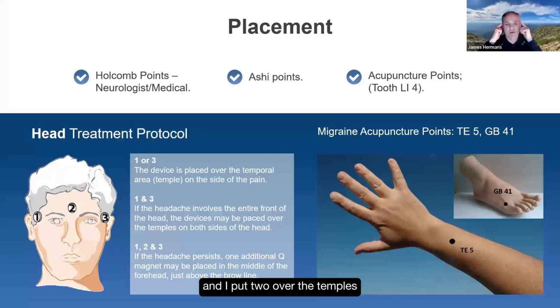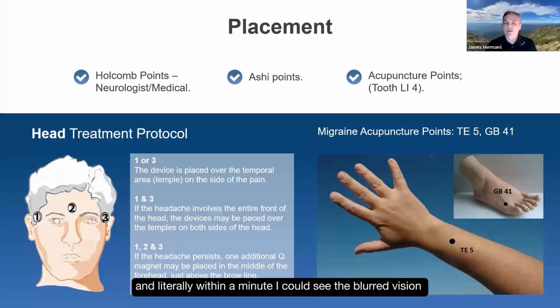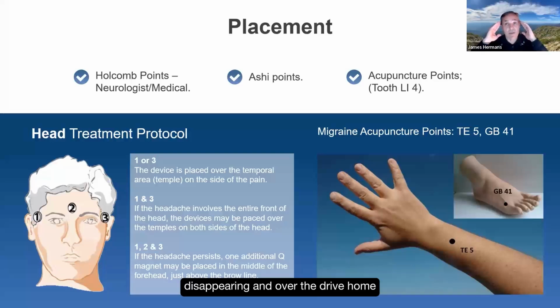And I put 2 over the temples, so that positions 1 and 3, and literally within a minute, I could see the blurred vision disappearing. And over the drive home, when I got home, there was no more blurred vision. I just lay down for a little bit, not long at all, and the migraine never came on. I have very few anecdotes, but that was a great anecdote that I've only just come across, which is nice.